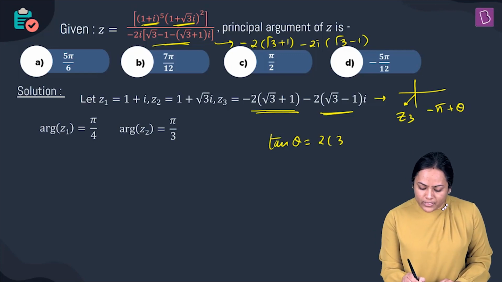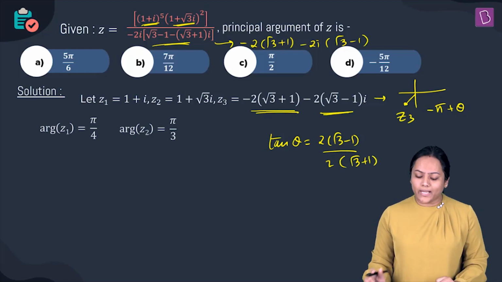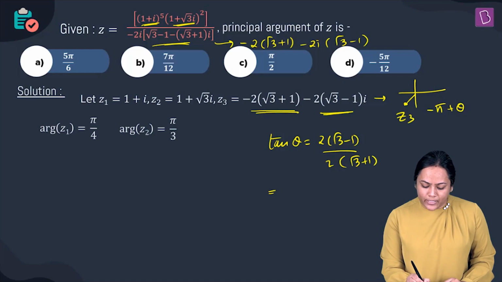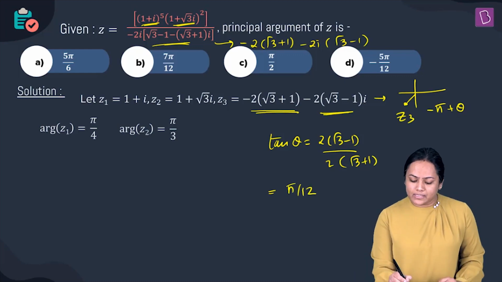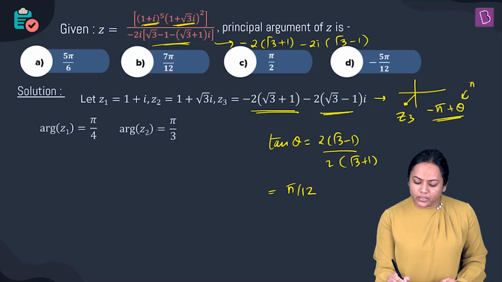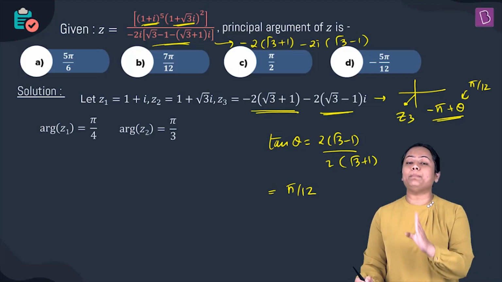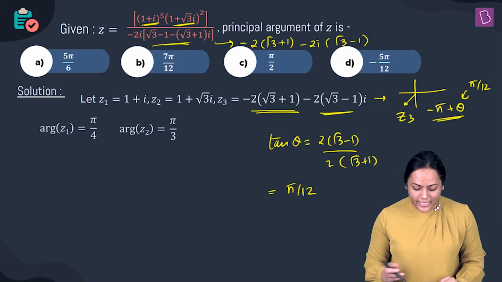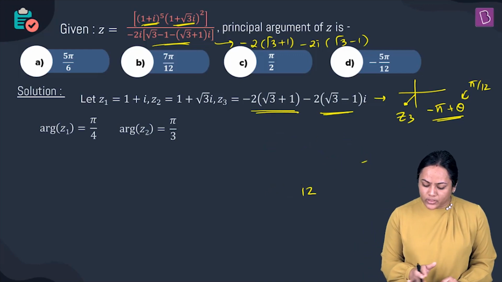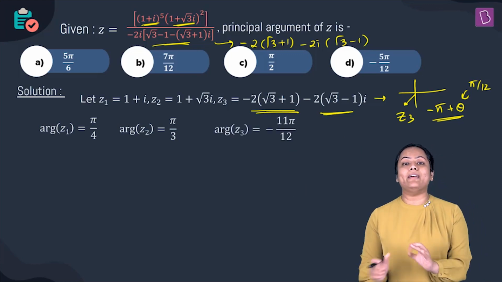So it's going to come out as twice of root 3 minus 1 divided by twice of root 3 plus 1. Clear? And what is this value? Well, I can say this value actually is coming out as pi by 12. That means if I put my theta value over here as pi by 12, the argument of z3 will be minus pi plus pi by 12. Is this clear, guys? Okay, so my argument of z3 actually is coming out as minus pi plus pi by 12, that is minus 11 pi by 12.